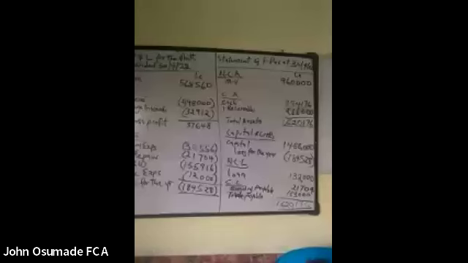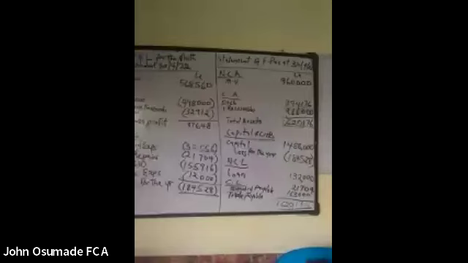Add the capital and liability. Add these figures up, down. If you get the same amount, it must agree with the total asset. The capital and liability must agree with total asset.